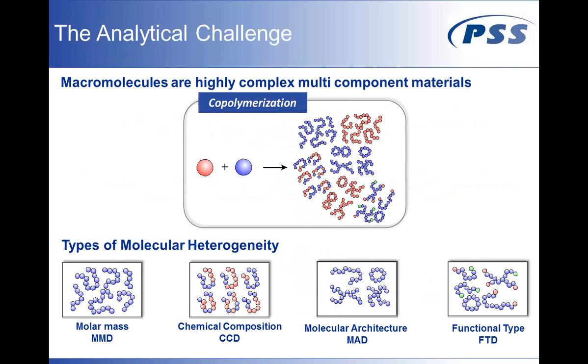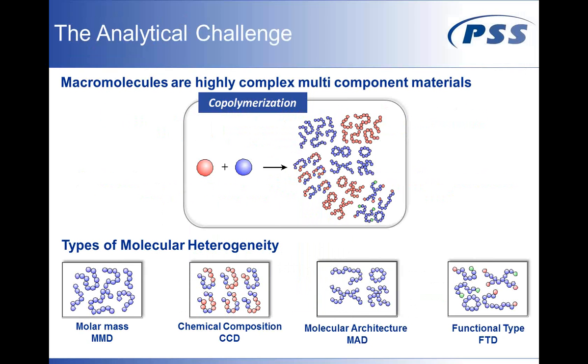So, as you know, macromolecules are typically highly complex multi-component materials. If you have simply two monomers and you mix them together and do a polymerization, you can create a multitude of different structures. And with this multitude of different structures, you also have a multitude of different heterogeneities.